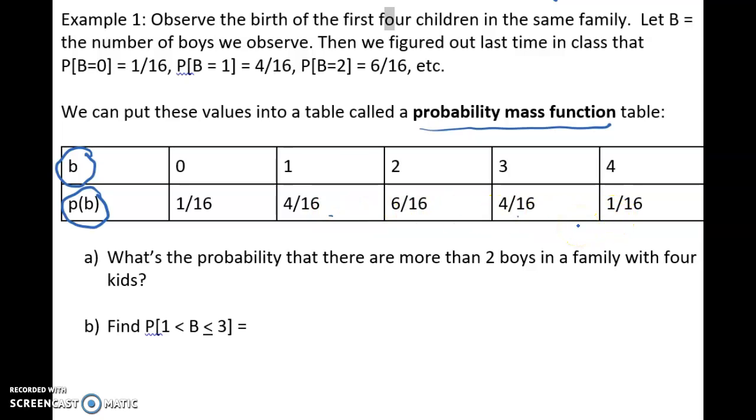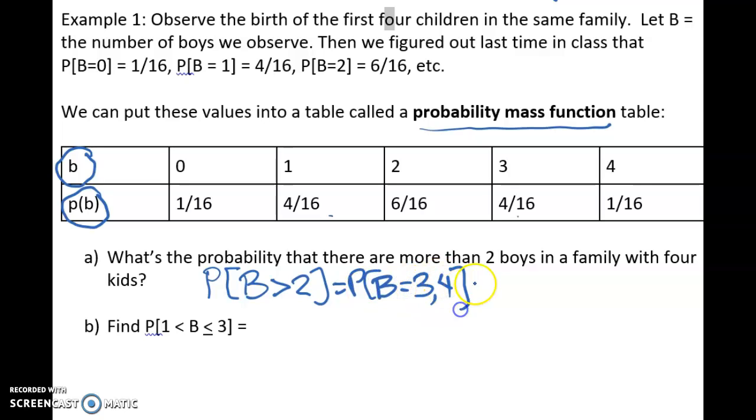What's the probability, in part A, that there are more than 2 boys in a family with 4 kids? We could write that probability, the symbol for that, B is more than 2. Well, notice that's the same thing as B equaling 3 or 4. And I think it's pretty intuitive. I think you know that you would add these up.